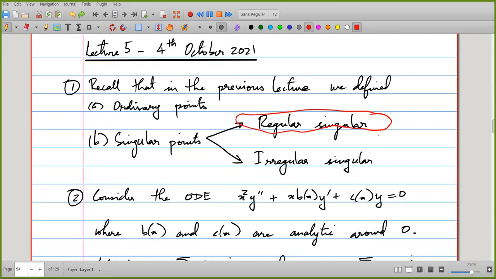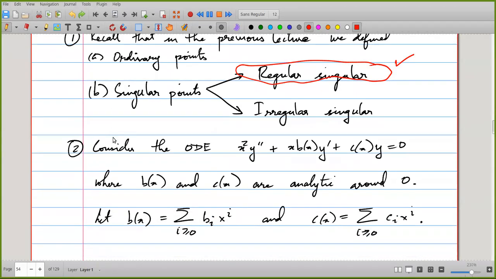So irregular singular points were the bad points, but regular singular points were the good points, where we could still solve the differential equation using the power series method in a small neighborhood of the regular singular points. So let's just recall how we did that.